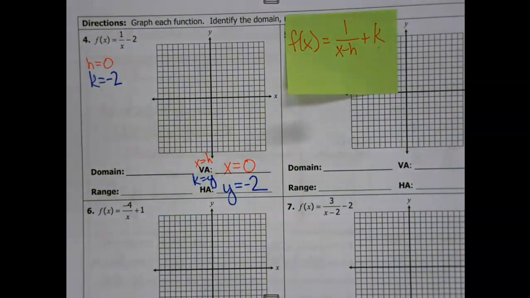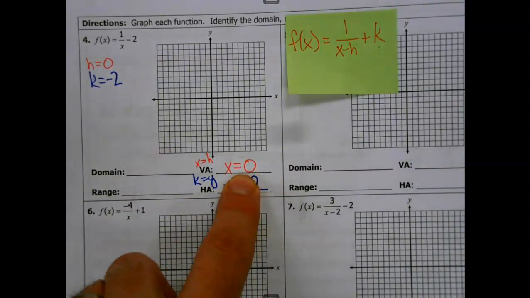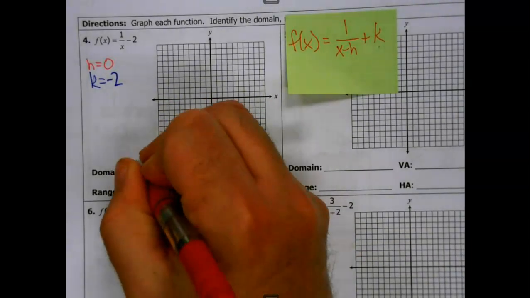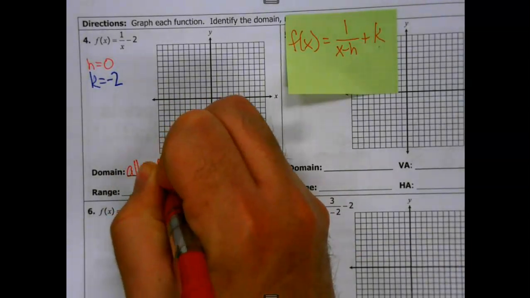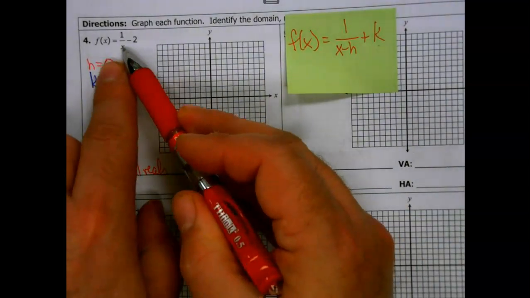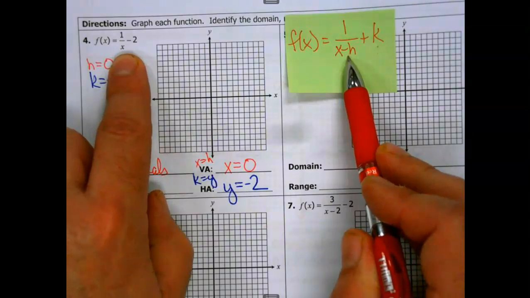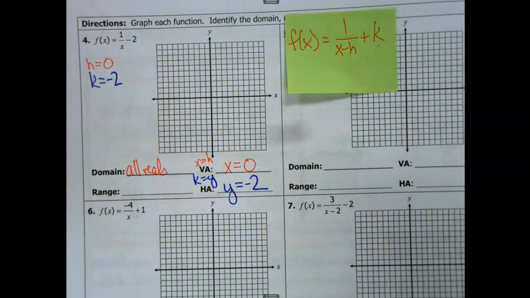So again, I haven't graphed anything yet, but I still can fill in everything down here because your domain is always all reals except your asymptote. Because there would have to be a number down here, a plus or a minus number with my x, for there to be an h. Yeah, then I'd have an h value, but if I don't see one there, it's just 0.